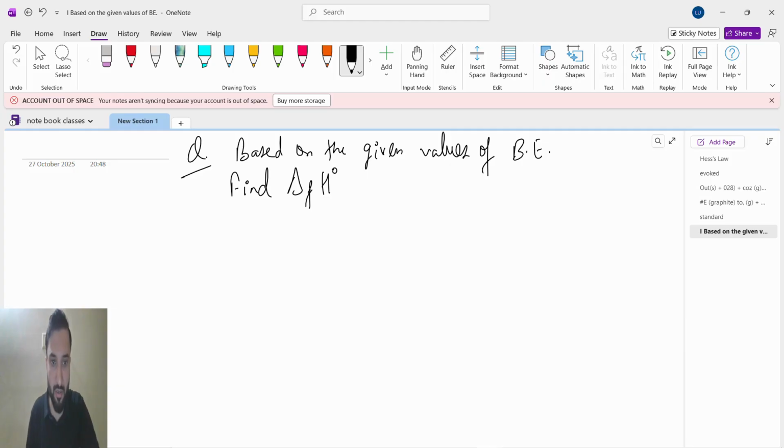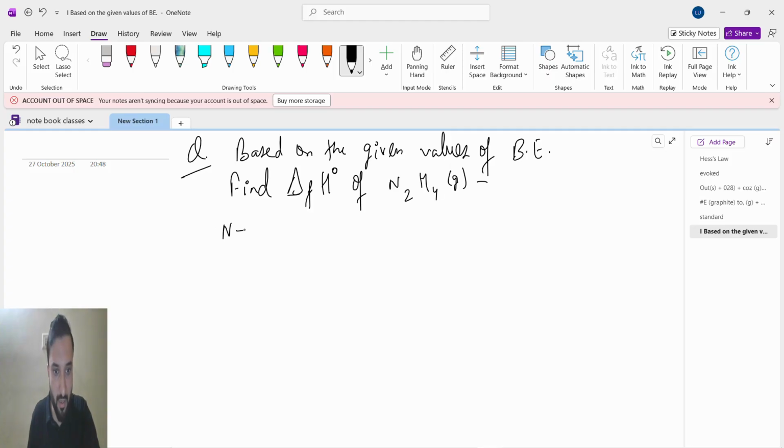Enthalpy of formation. This is standard delta H, means enthalpy, standard enthalpy of formation of N2H4 we have to find for this.